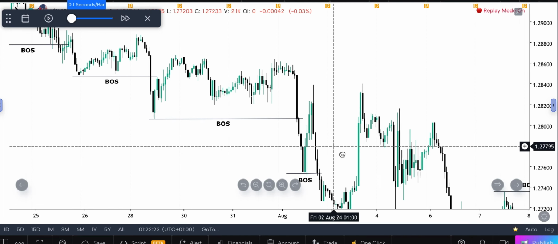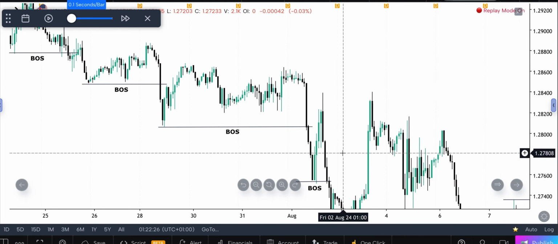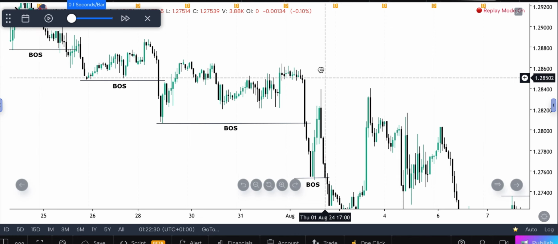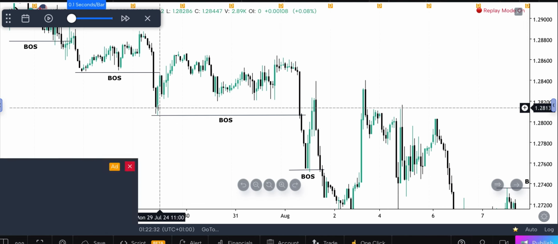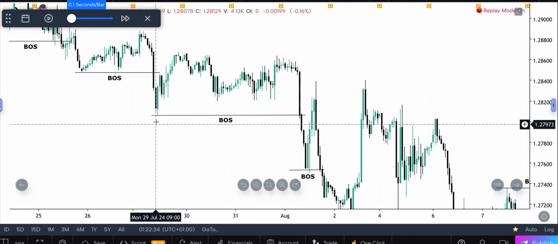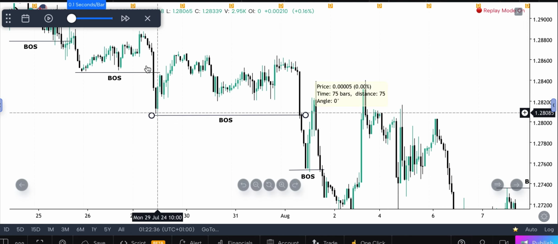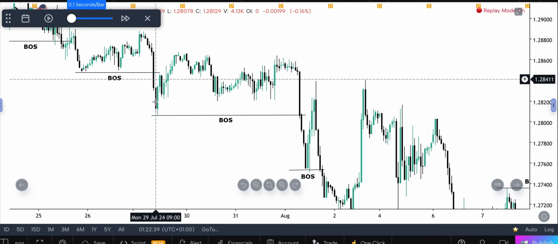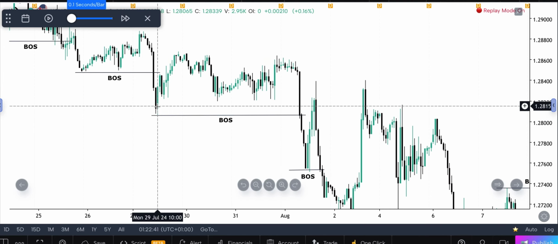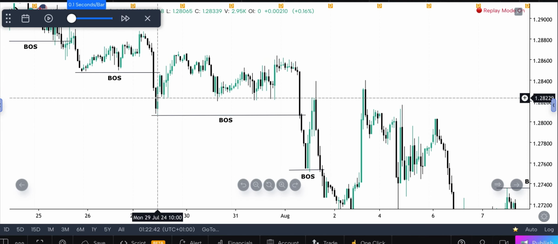And like I said before, how do we know a valid structure? You can see that right here, when price broke this structure, the pullback is okay. Let's count it. One, let's count this candle.